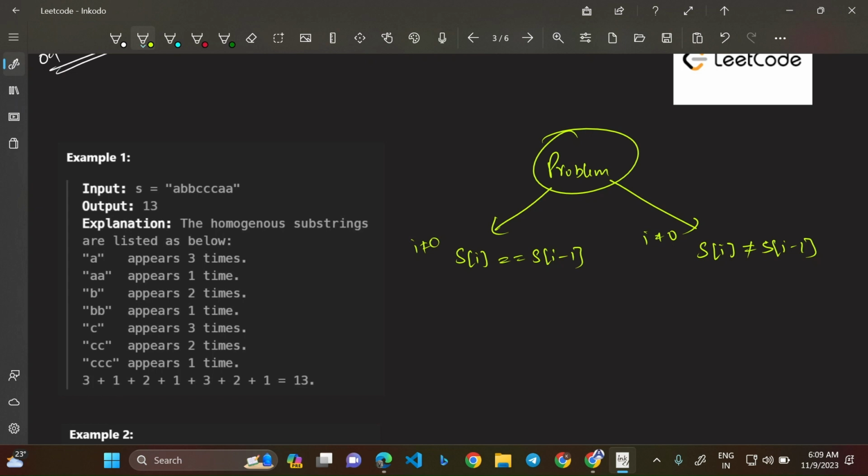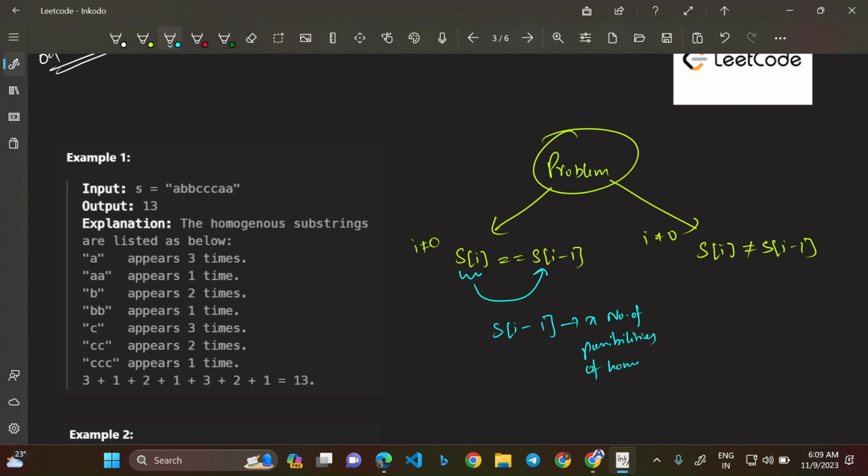There's no other case. If s of i equals s of i minus 1, then I can make this s of i a part of all the substrings that are possible for s of i minus 1, isn't it? So let us assume for s of i minus 1 there are x number of possibilities of homogeneous substrings.